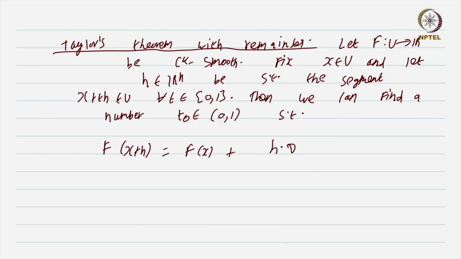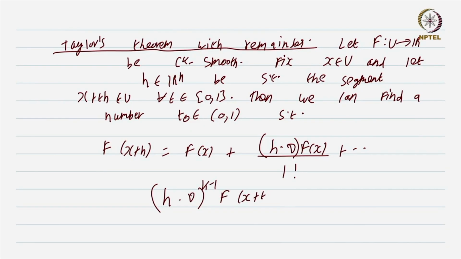(h · grad f)(x)/1 factorial. So technically I should write it like this: h · grad f at the point x over 1 factorial, plus dot dot dot, (h · grad)^(k-1) f at the point x over (k-1) factorial, plus the final remainder term, which is what we were interested in.